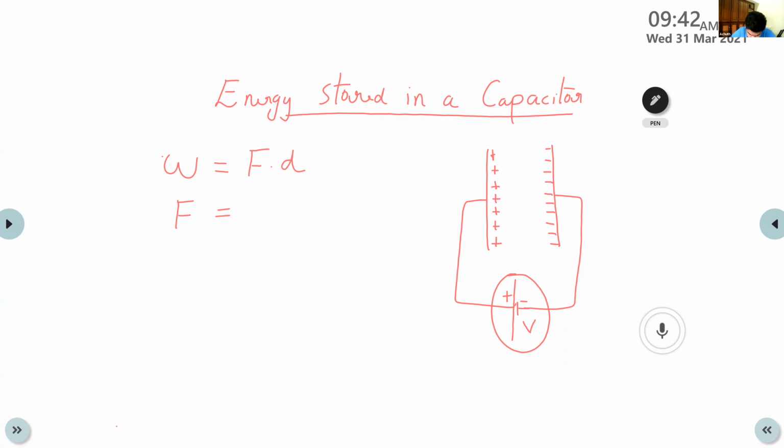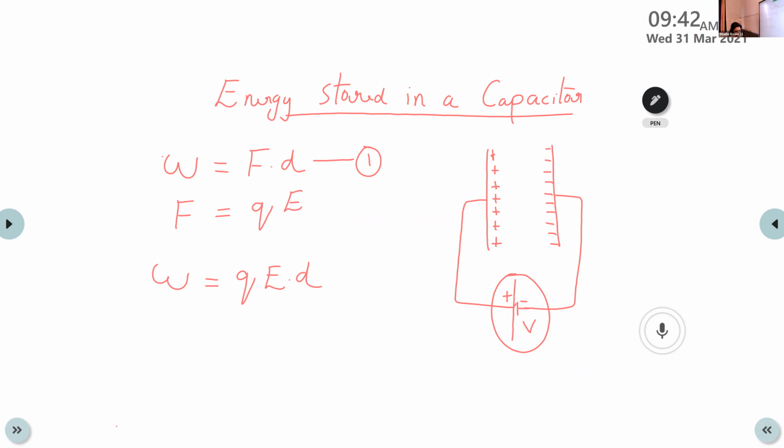Yes, F is equal to QE. We can give this as equation number 1. The work done by the battery can be calculated by W is equal to F dot D, and F is QE. So equation 1 becomes W is equal to QE into D.